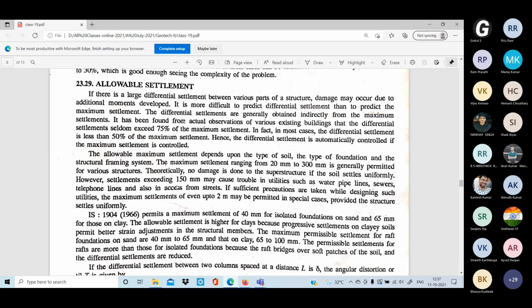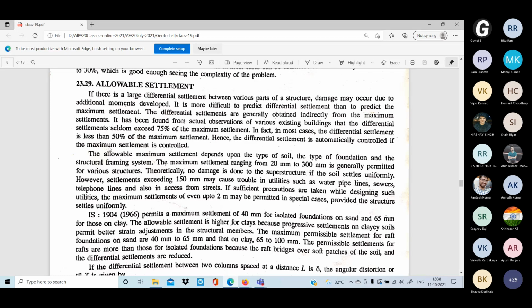So maximum settlement we will allow as much as possible, IS code says so. But what does the IS code say about how much settlement we should have? It permits a maximum settlement of 40 mm for isolated foundation on sandy soil and 65 mm on clay soil.